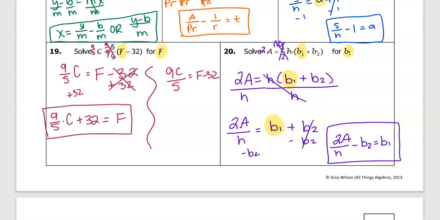Oh, because it was just 2. So on the other one, it was 9/5. It was still a denominator and a numerator. Instead of putting 2 over 1A, I just said 2A because that is just the number 2. But can we do it that way? Yes. Yeah. You could.